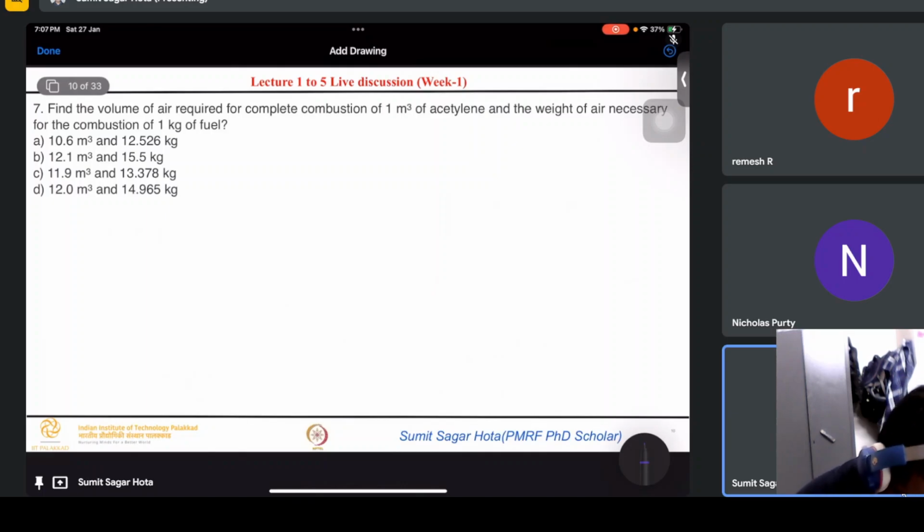Next question. Find the volume of air required for the complete combustion of 1 meter cube of acetylene and the weight of air necessary for the combustion of 1 kg of fuel. This is a problem. Let's start.